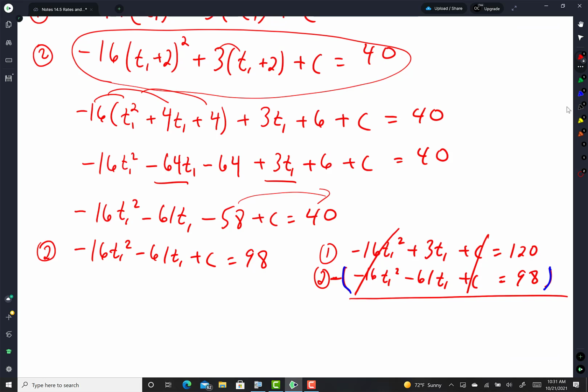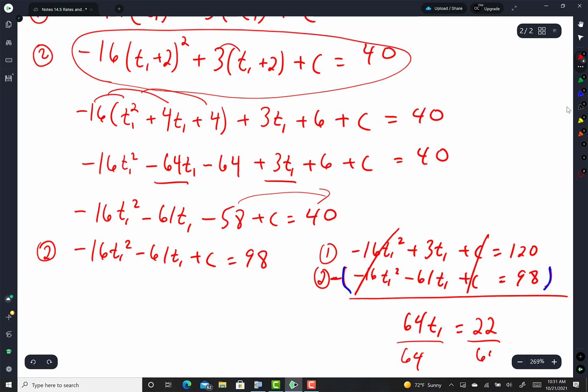Minus a negative. So 64 T1 equals 22. I think that's correct. So I'm going to get my T1 value, divide by 64, divide by 64. So it looks like T1 equals 11 over 32. Are we still okay? All right.